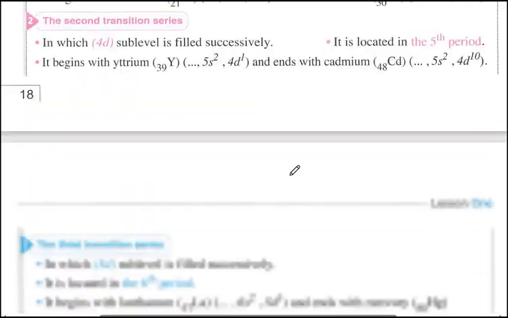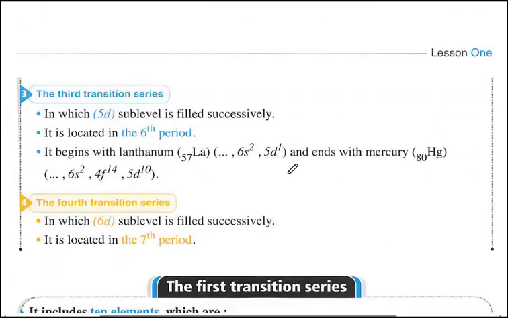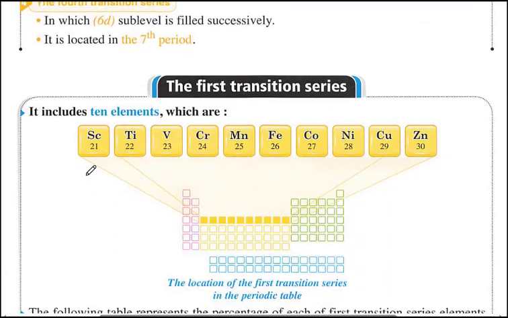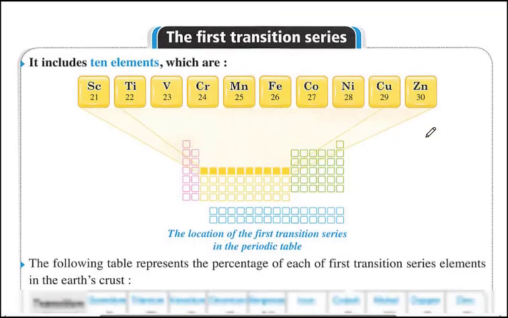Okay, the first transition series is very important. This is the main study in our curriculum. It starts with scandium 21, titanium 22, vanadium 23, chromium 24, manganese 25, iron 26, cobalt 27, nickel 28, copper 29, zinc 30.